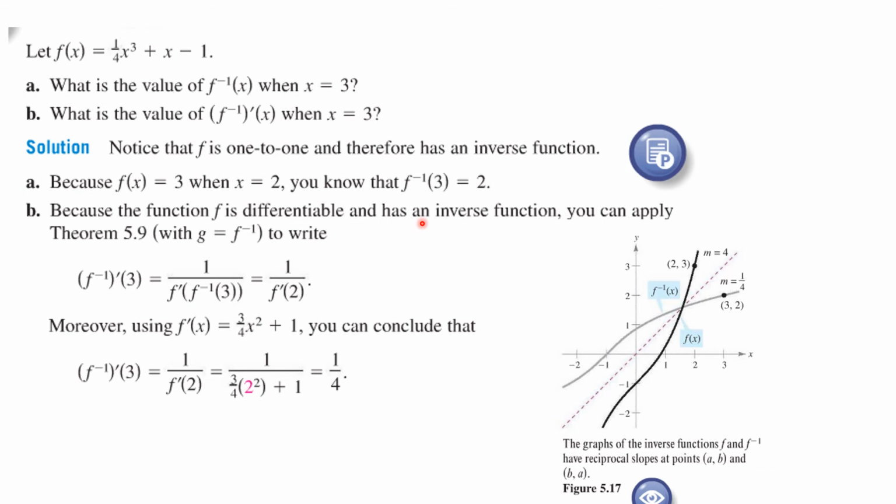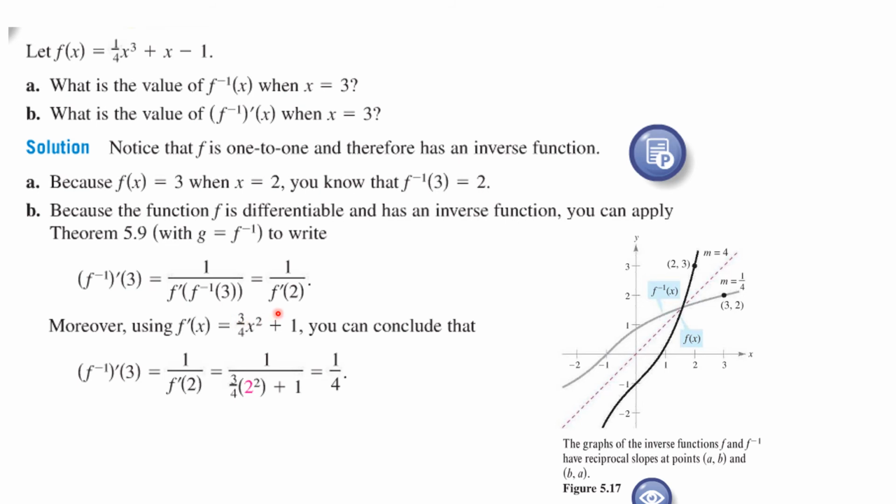And we just had a theorem that says because f is differentiable and has an inverse, the derivative of the inverse at the point 3 is 1 over the derivative of f at 2. Notice that the 2 and the 3 are different values.